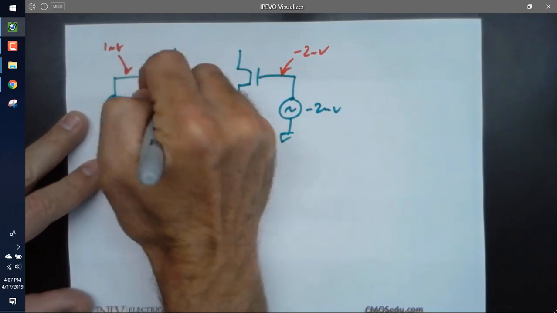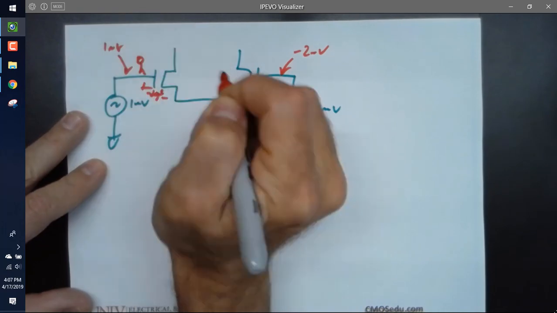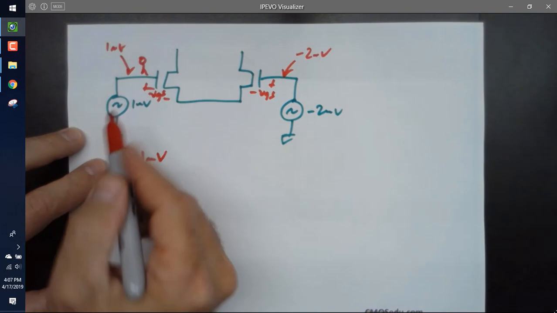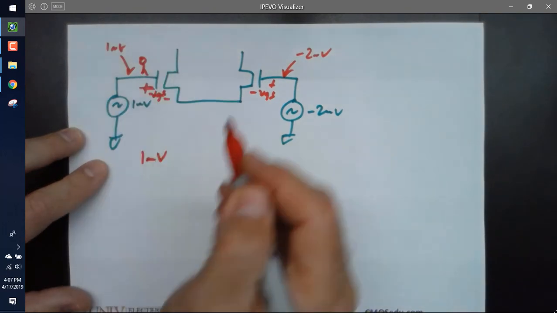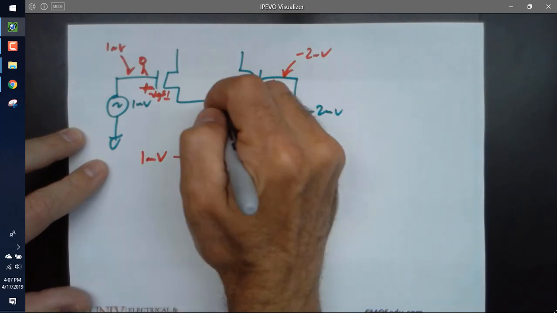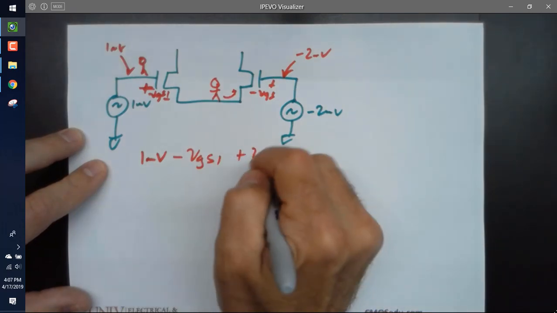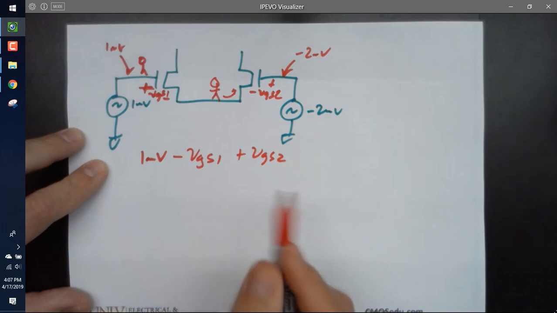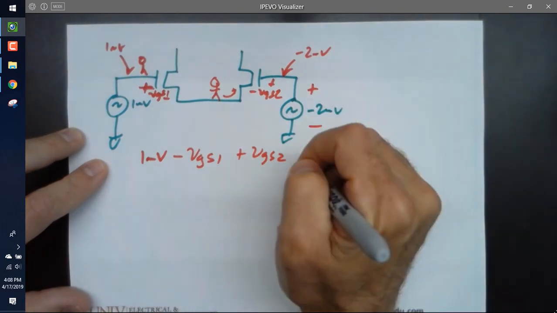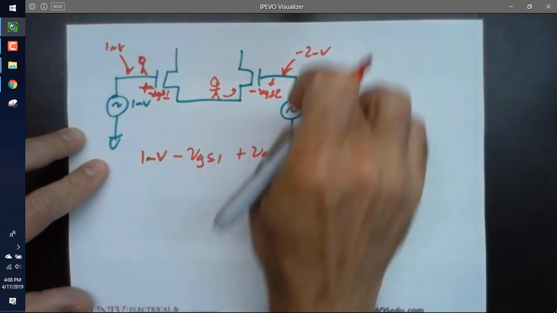Plus minus VGS, plus minus VGS. Here I am, I'm going to start walking. I go up at 1 millivolt where I start walking, then do I go uphill or downhill? And here I'm standing here. Do I go uphill or downhill? And then here I've got plus minus 2 millivolts. So what do I do here? Minus, the way I've drawn.